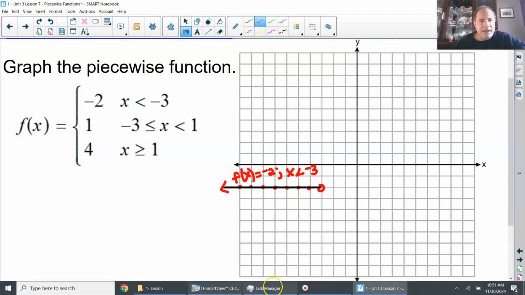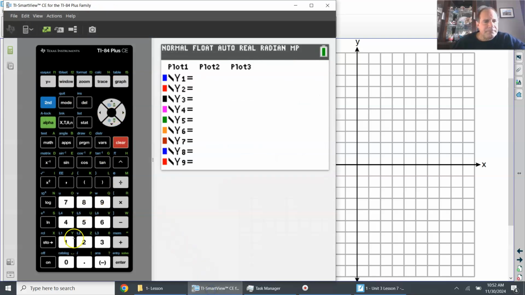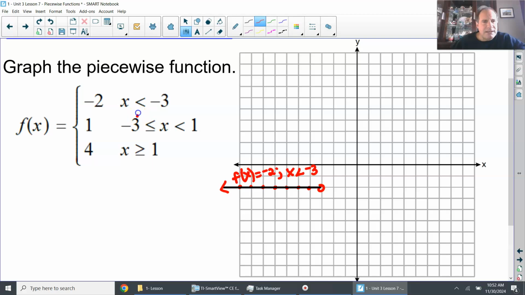Then we're going to graph f of x equals 1, in between -3 and 1.